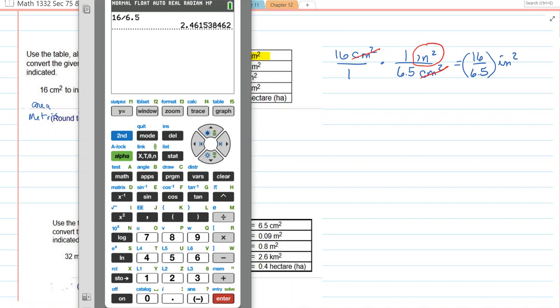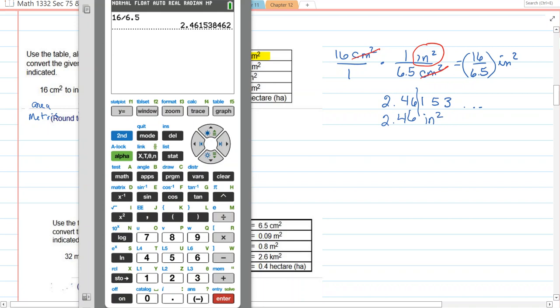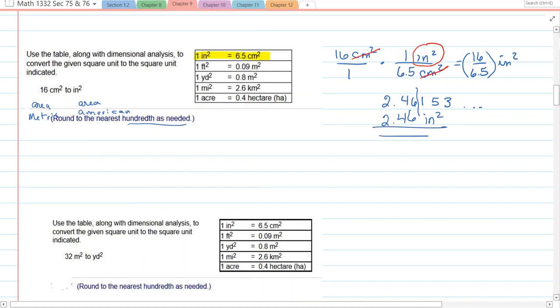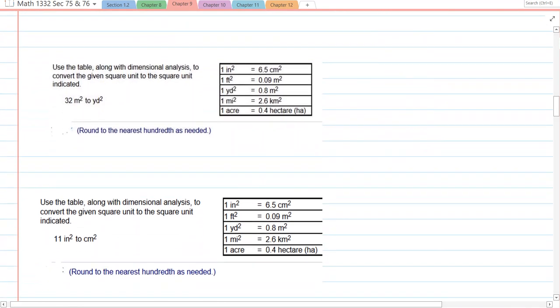When I do that, I get this ugly number, 2.4615 dot dot dot, keeps on going forever, and I want to the hundredths, so I have 2.46 inches squared, and that's my answer. All right, well, let's look at this next one.